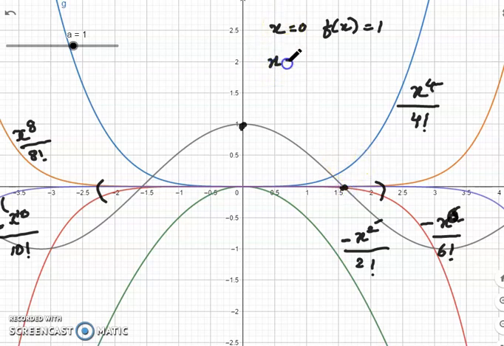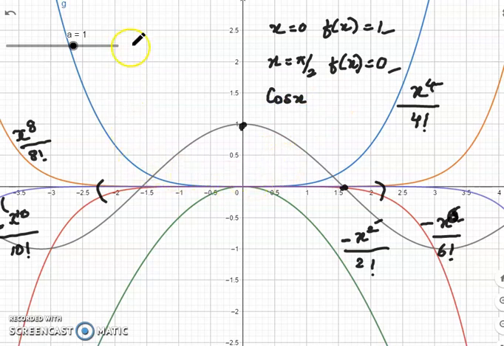When x equals pi by 2, this function equals 0. So which function produces the maximum value 1 when x equals 0 and is 0 when it crosses the x-axis at pi by 2? That function is the cos function.